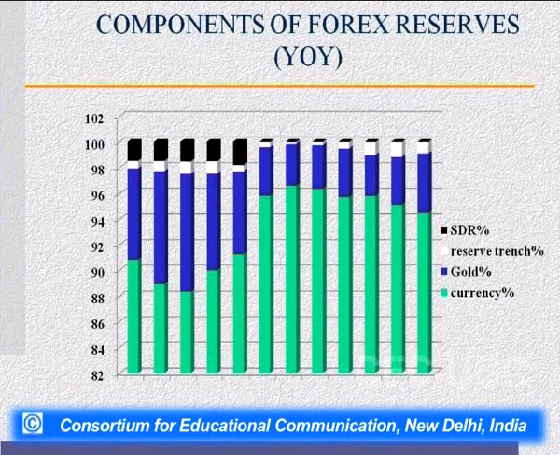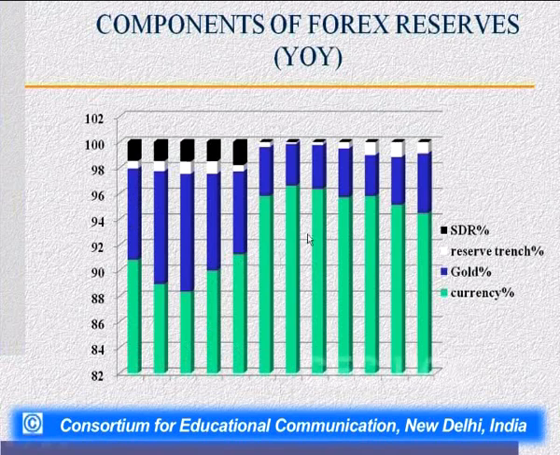Now the components of forex reserve year by year in percentage form. You can see the black one for SDR percentage, blue one for reserve tranche, blue for gold, and the currency percentage. Here you can see the percentage scenario of every particular component of the foreign exchange reserve.